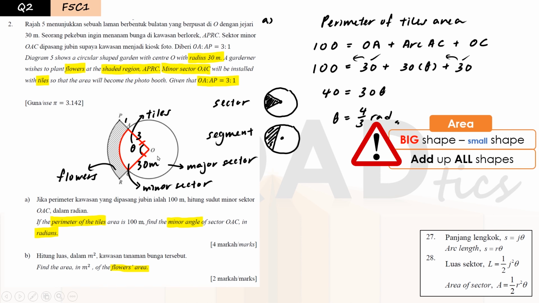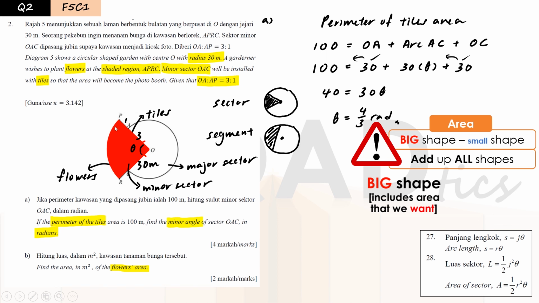The big shape would be a recognizable shape that includes the shaded region. From this diagram, I can see that the shape that includes the shaded region would be this sector OPR. It's a recognizable shape and it includes the region that we want.